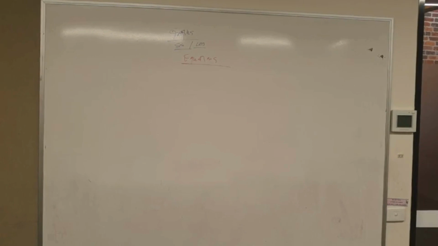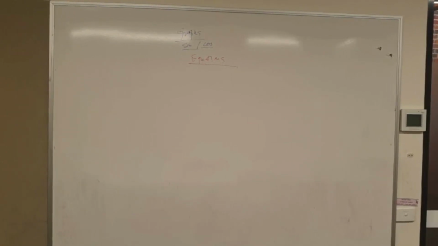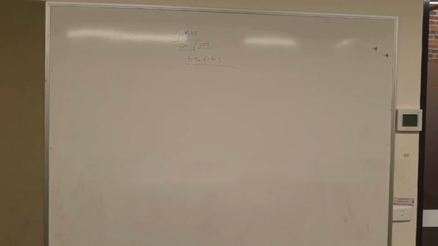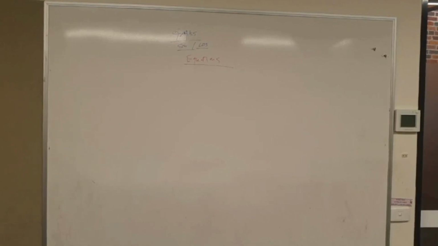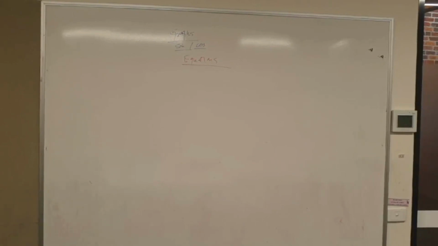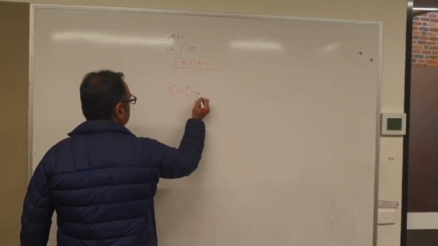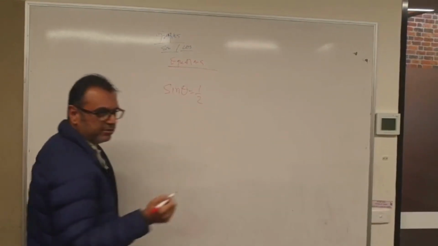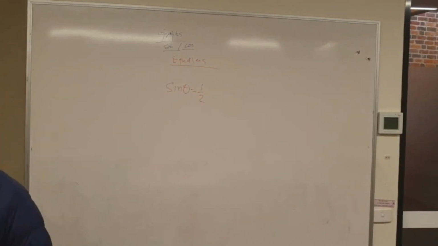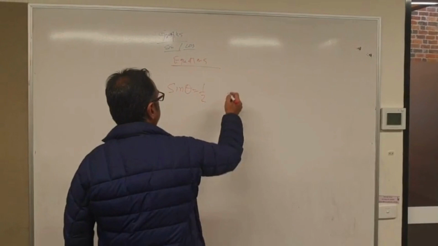Trigonometric equations are no different than any other equations that we normally solve. We just solve for x. Normal other equations, we just solve for x. Here we are solving for theta, x, whatever is mine. So if I say solve sine theta equals to half, for theta belonging to 0 to 4 pi.